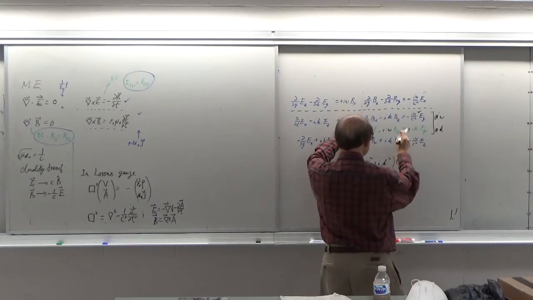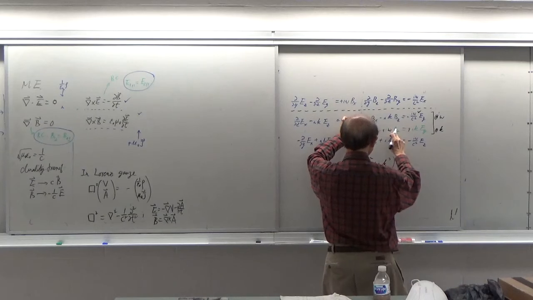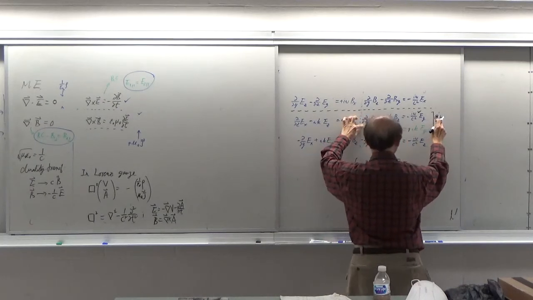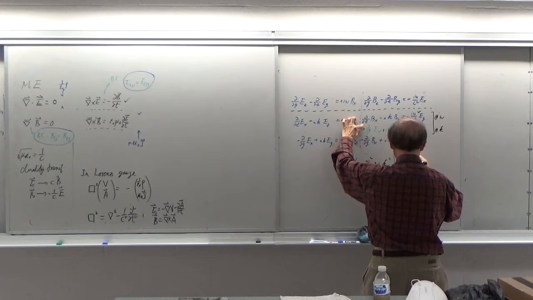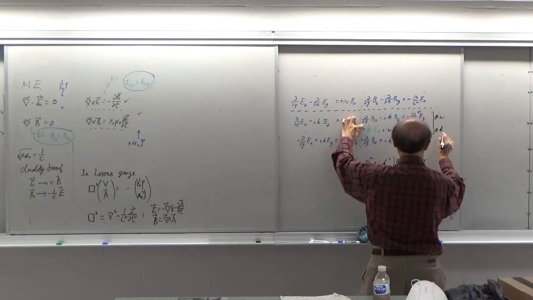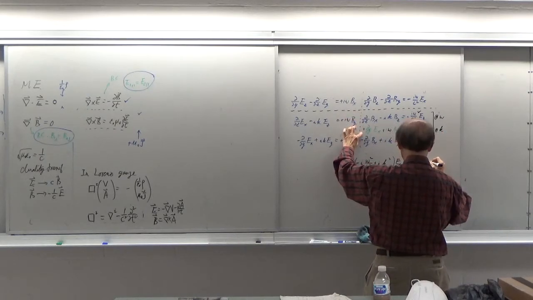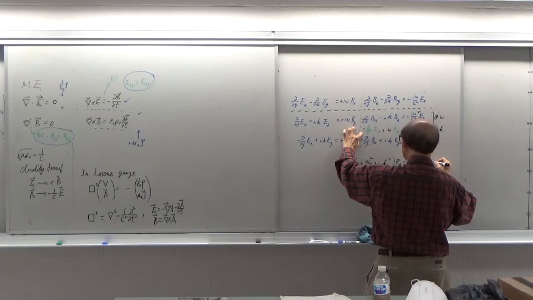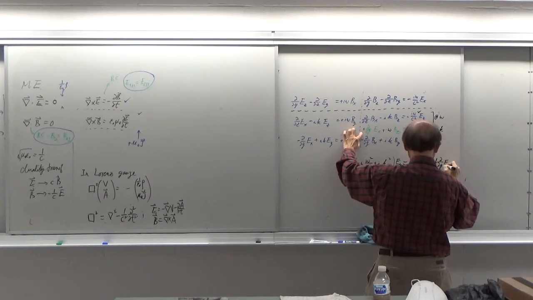By construction, this term cancels this term, so I'm left with omega del Bx by del z plus k del by del y Ex.